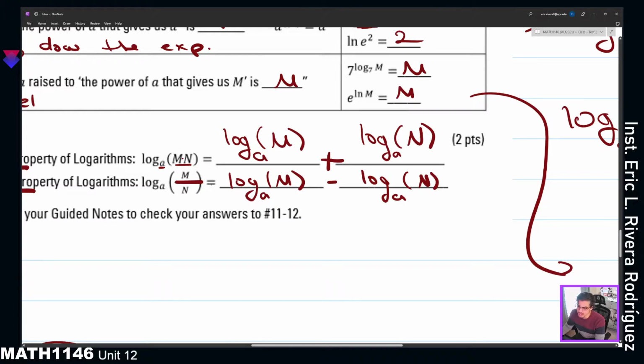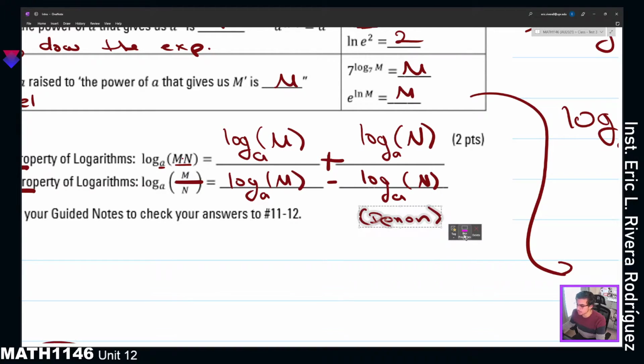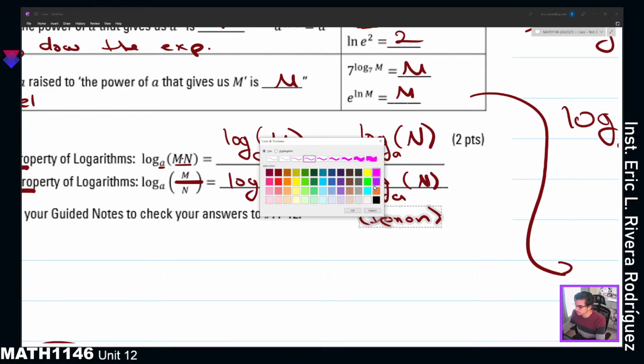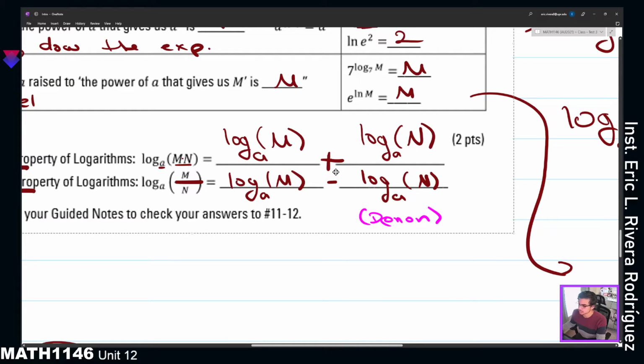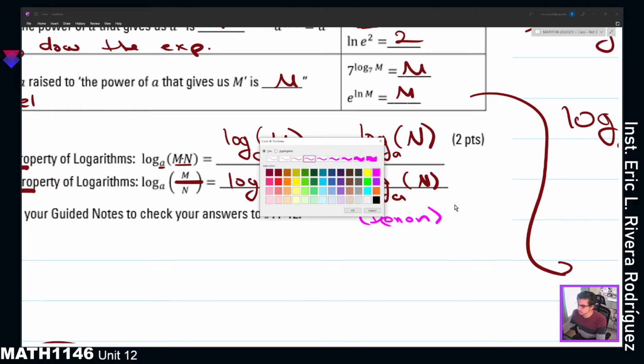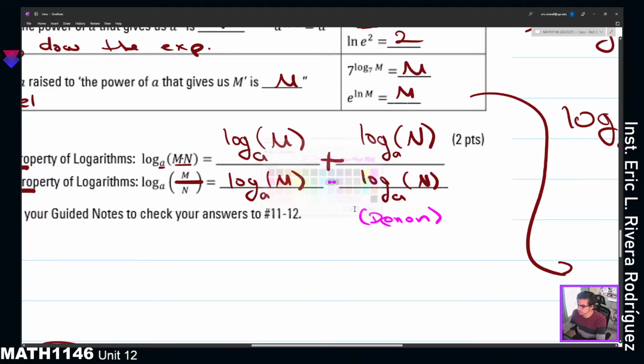What's important here is that the denominator is the one that becomes negative. Okay, careful here. So the denominator is the one that will become negative.